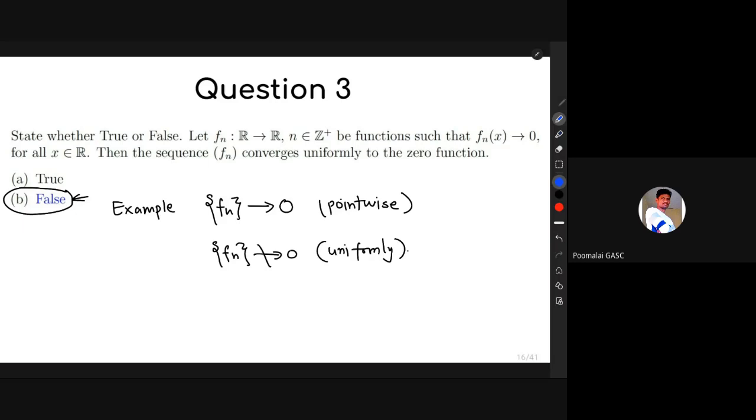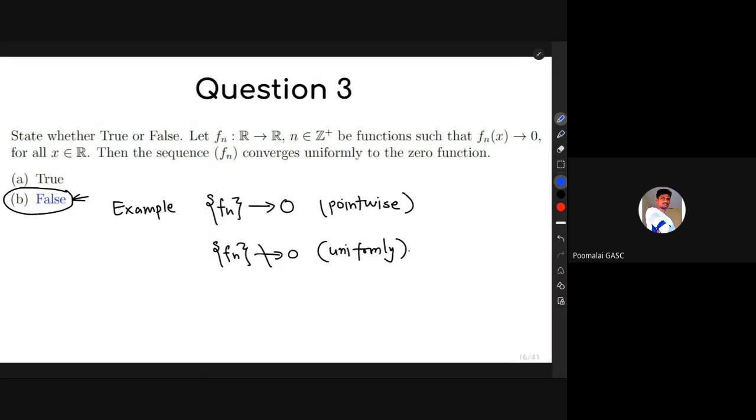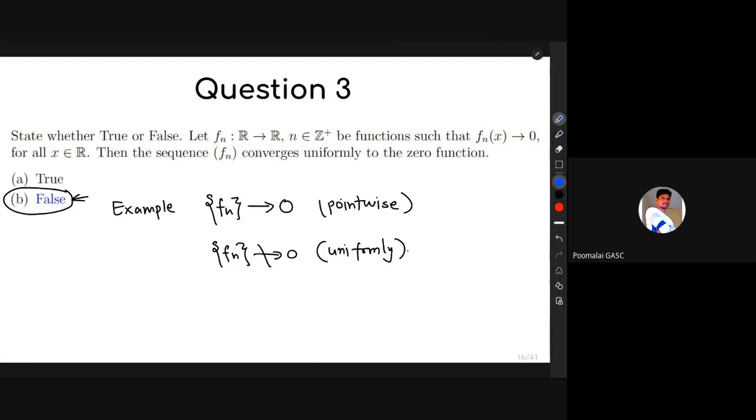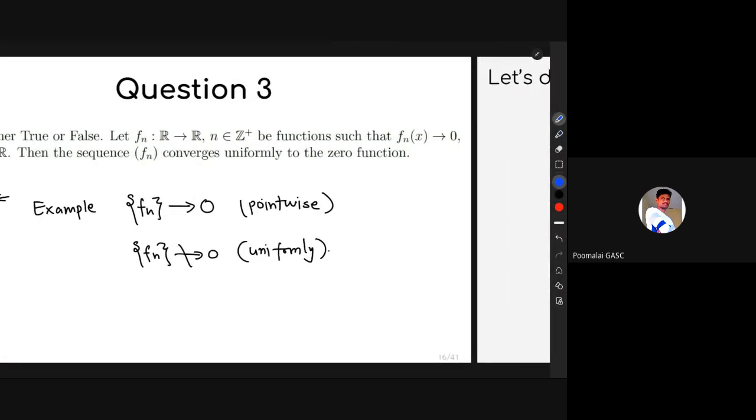Yes, x to the power n is a sequence of functions which is defined on the semi-open interval [0, 1). The example that I'm giving is not the correct one, because it turns out to be uniformly convergent to the zero function as well.